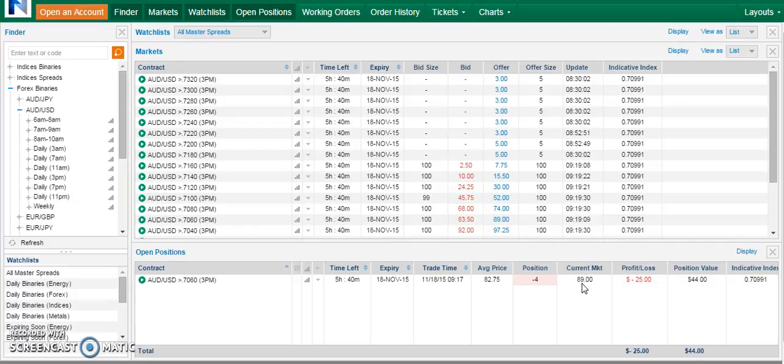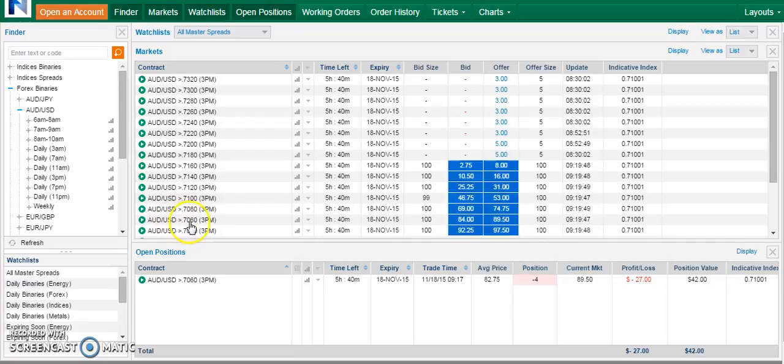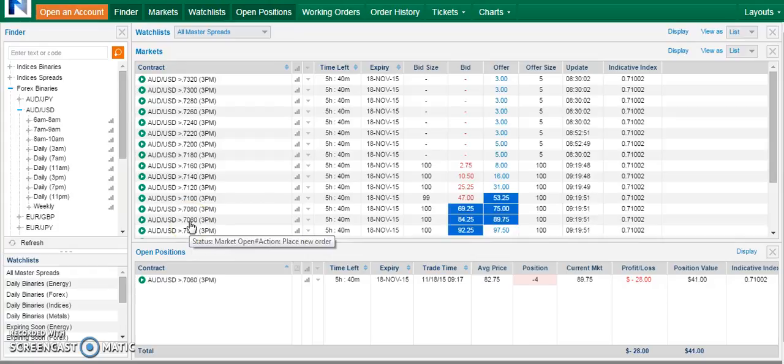We want this to drop, because the more this drops, the less the sell contract is worth and the more the buy contract is worth. Okay? Unless we go to expiry. If we go to expiry, all we're concerned with then is that the trade ends at 70.60 or below. Okay?